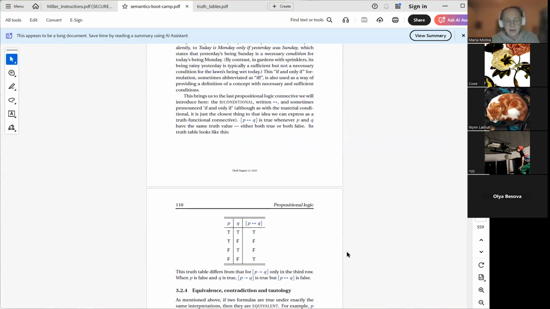And we found out that if the premise is false, then the truth value of the conditional renders a very unexpected result: true.